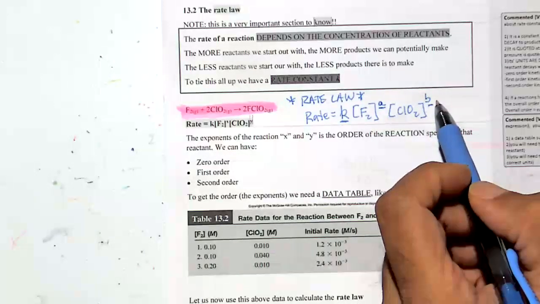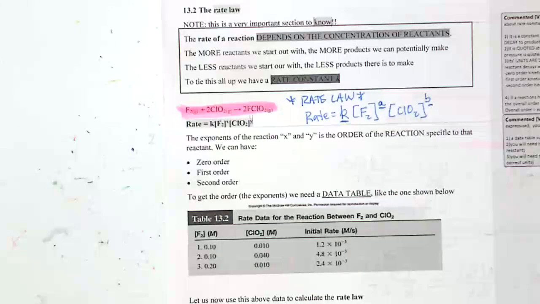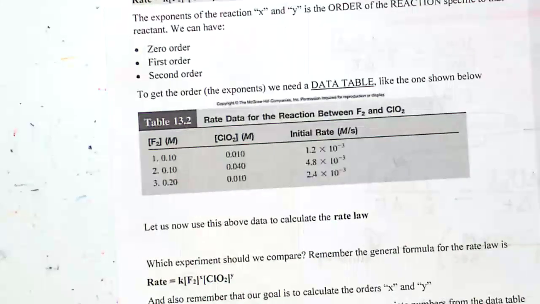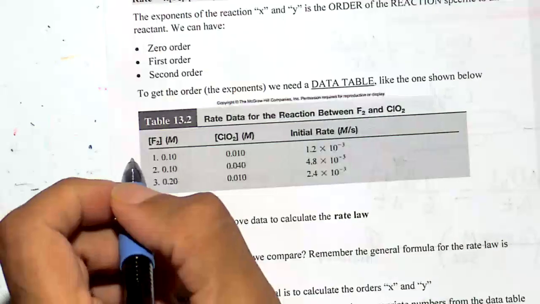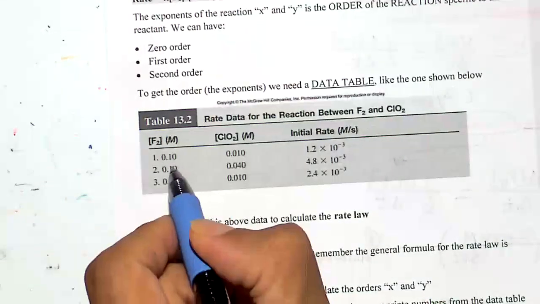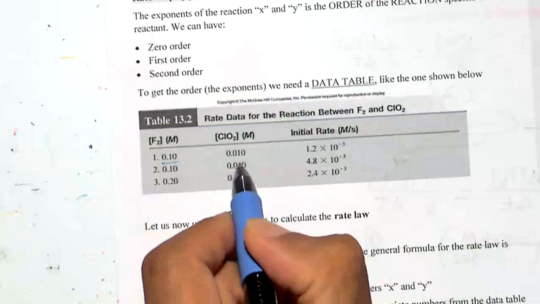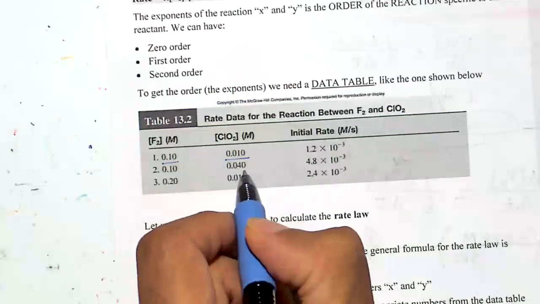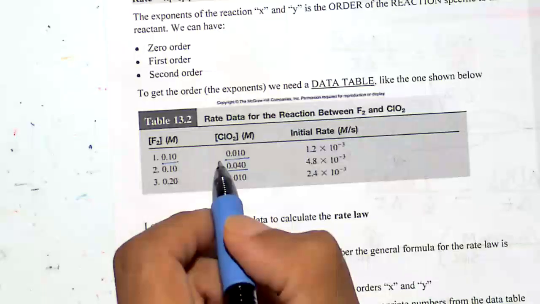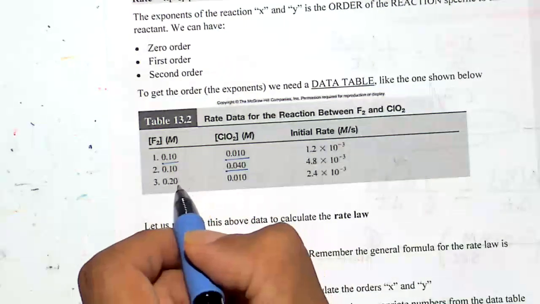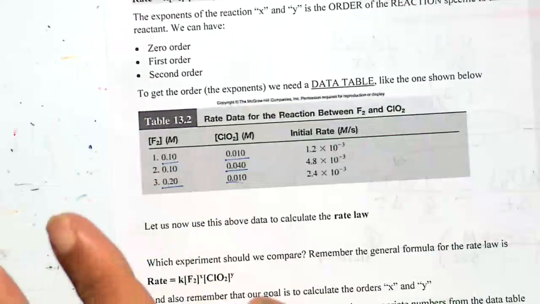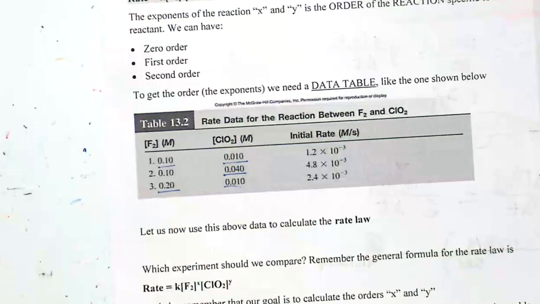Same for reactant B. When you do a rate law, you're going to get a table like this. We got 3 experiments. In the first experiment, we got 0.10 molar and 0.010 molar of the other reactant. In the second experiment, they quadrupled one of the reactants. In the third experiment, they doubled the first reactant, keeping the second reactant the same.